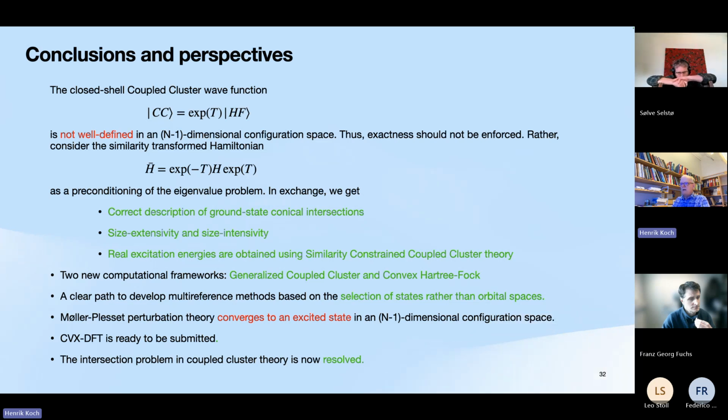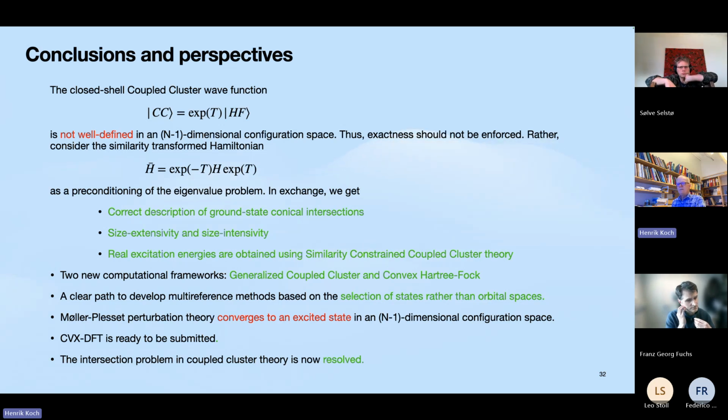multi-reference cases. The problematic case here with Møller-Plesset perturbation theory is that it actually converges to an excited state. I didn't talk too much about this, but it does this in an n-1 dimensional configuration space. So this, of course, implies different constraints on how you can do perturbation theory and how you can determine excited states also using perturbation theory.